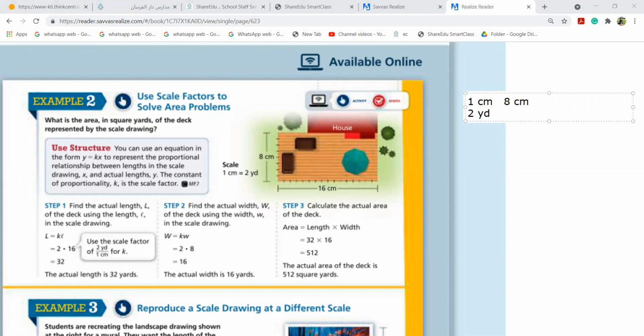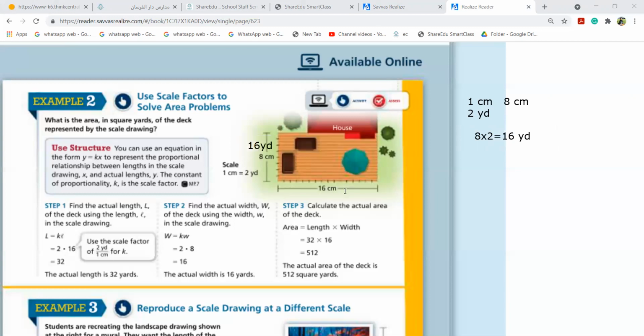It will be 8 times 2. 8 times 2 equals 16 yards. So here, girls, you got 16 instead of 8 because it is double.